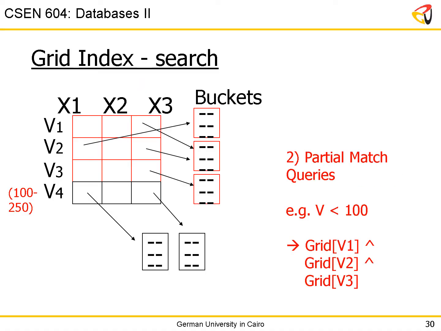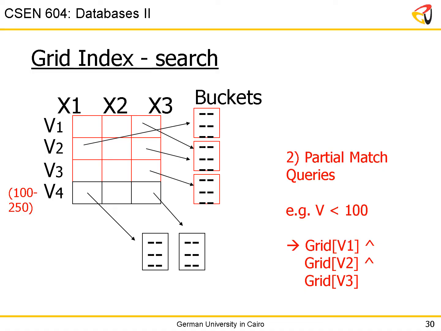What if you have a partial match query? Like, for example, select star from where V is less than 100. Since I didn't get a value for the X dimension, I'm not going to isolate myself to any specific column. What I'm going to do is work with all the rows where V was less than 100. So it's going to be basically the first 3 rows in my grid.